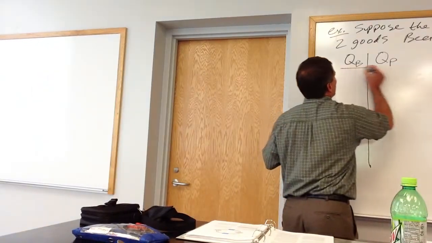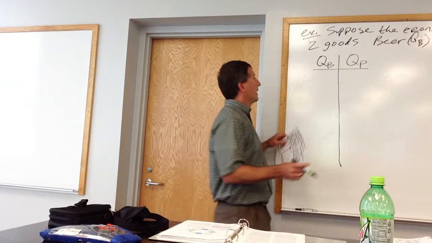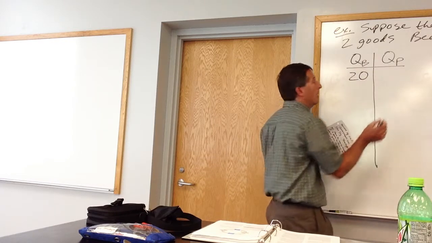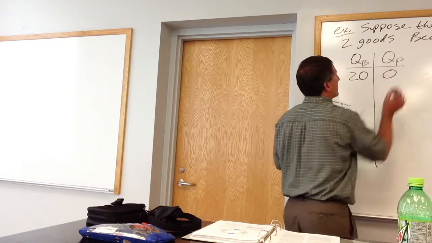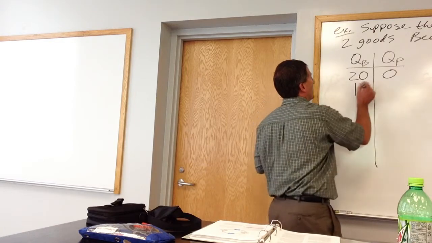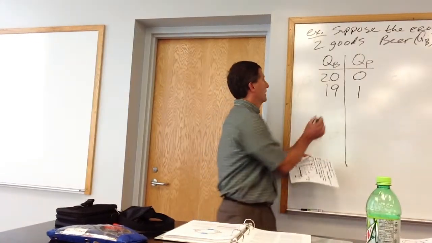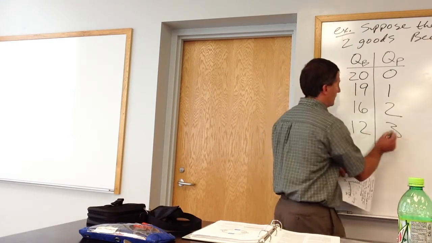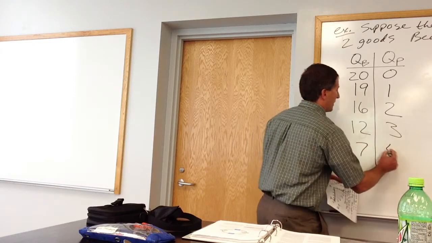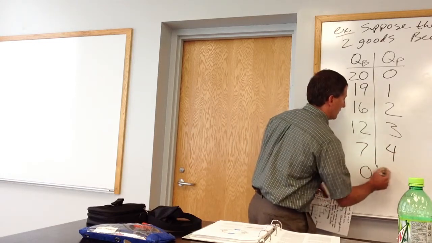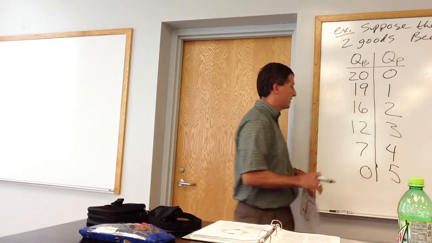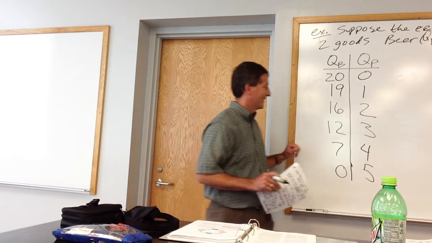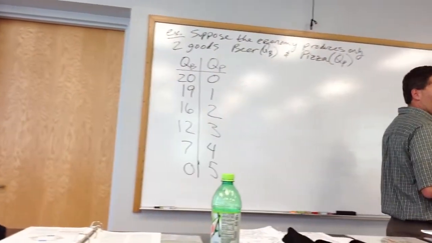We're going to make a little schedule now of numbers. And one possible production point is to have 20 beers and 0 pizza. Another one is 19 and 1. 16 beers and 2. 12 and 3. 7 and 4. And finally, if we want 5 pizzas, we can't have any beer. A sad day. But those are our production possibilities.